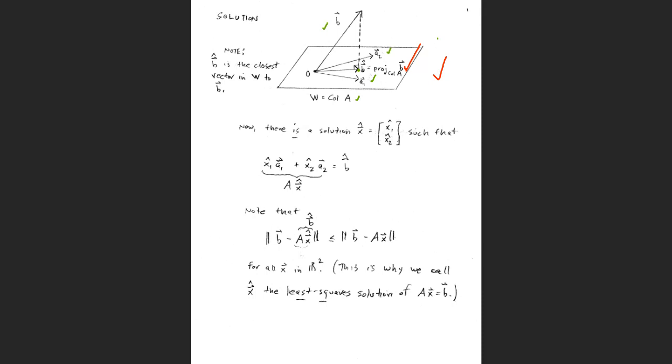So are we in agreement that this projection vector, denoted by B hat, is the closest vector in subspace W to the vector B?